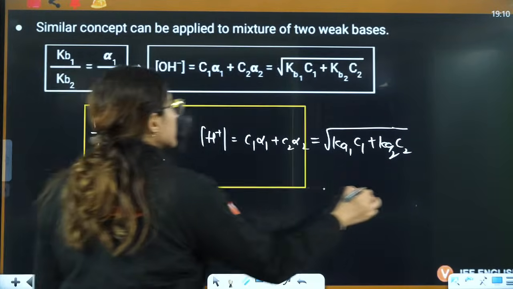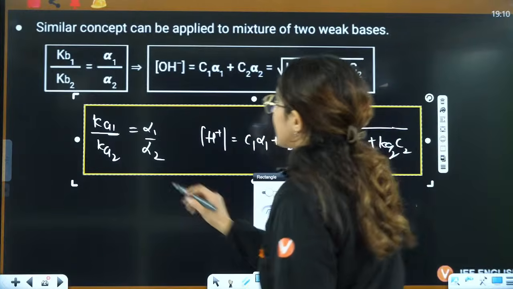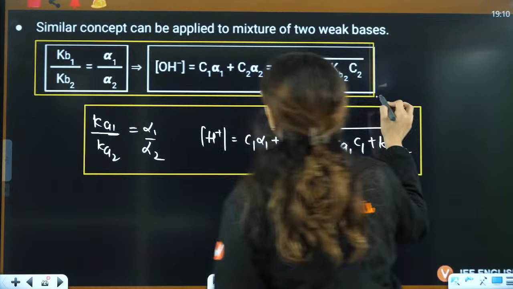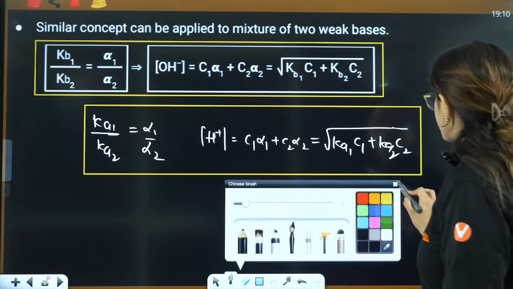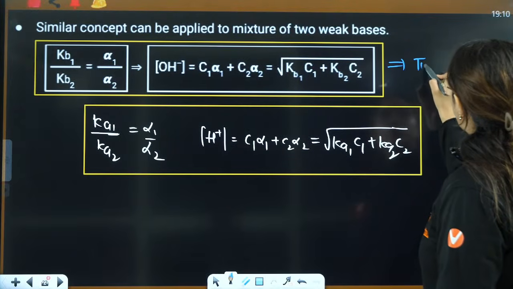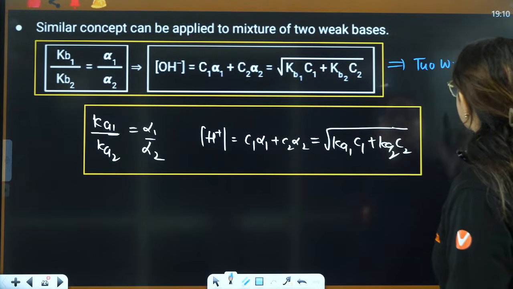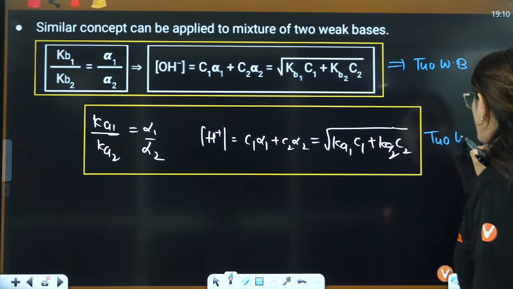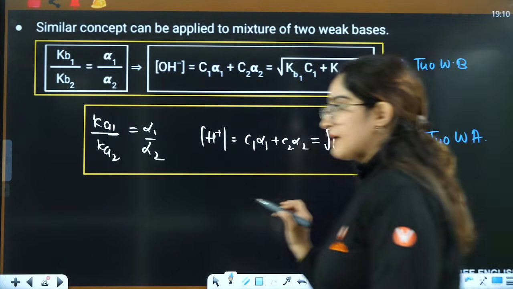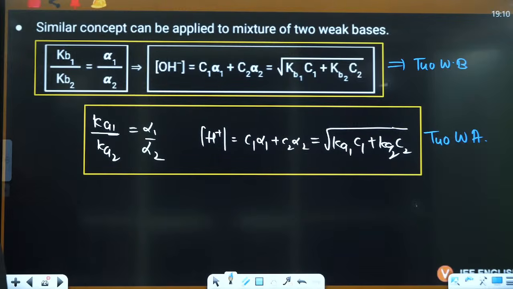Just remember these points. This is when you have two weak bases. This is when you have two weak acids.